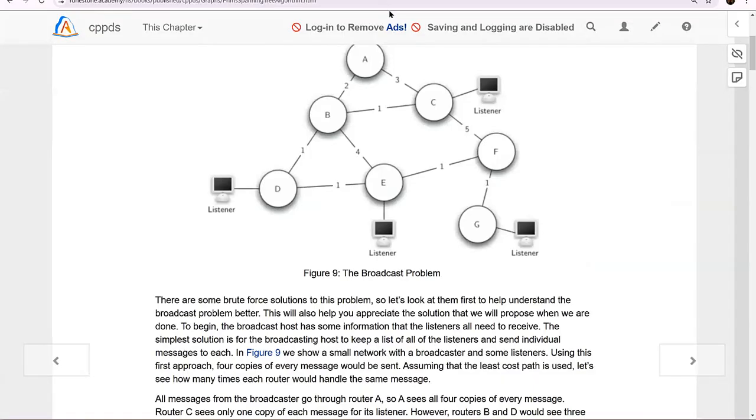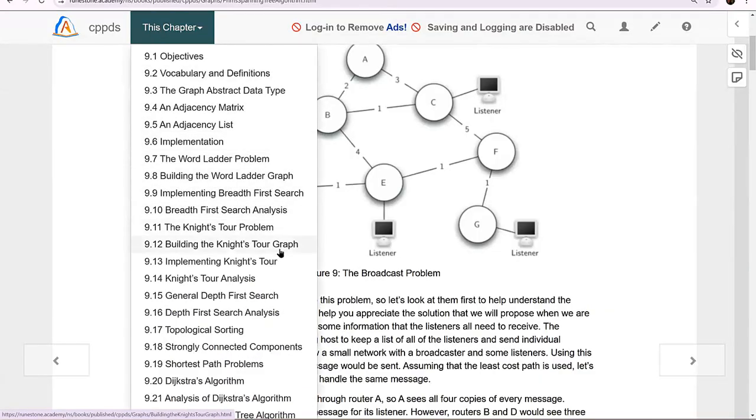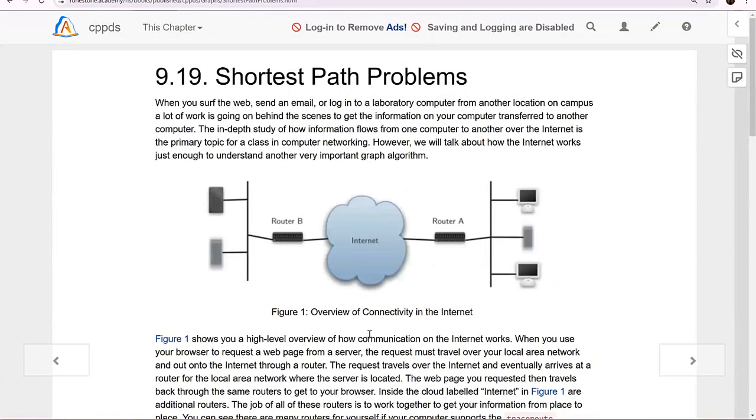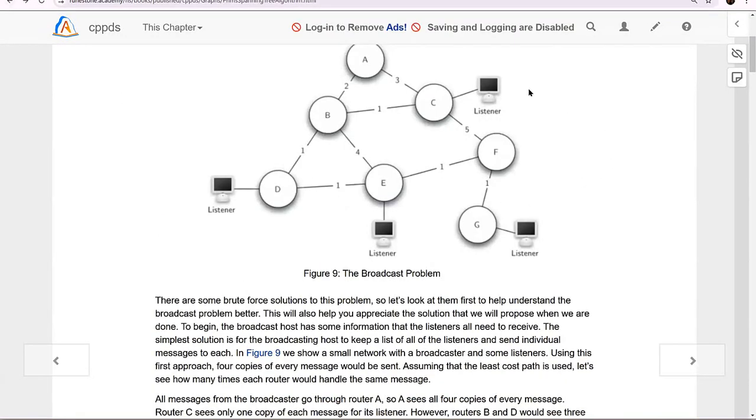So these are minimum spanning trees. Now we are going to cover another very important topic called the shortest path problem. Okay, that's called the shortest path problem. And this shortest path problem is usually about Dijkstra's algorithm.